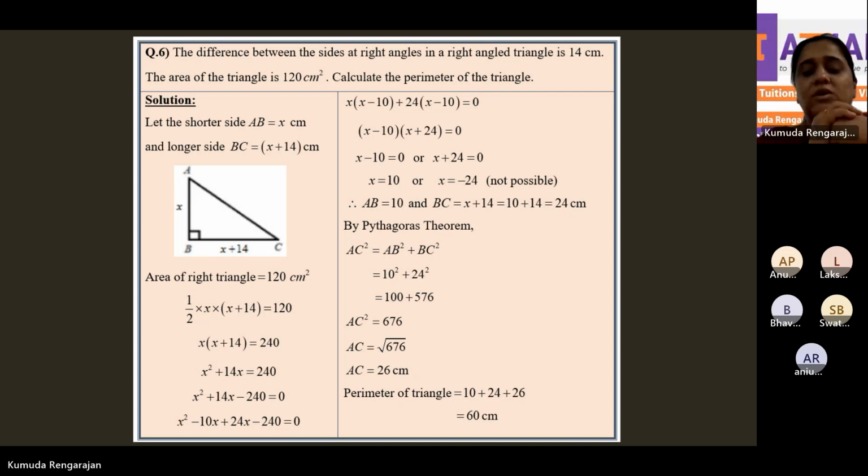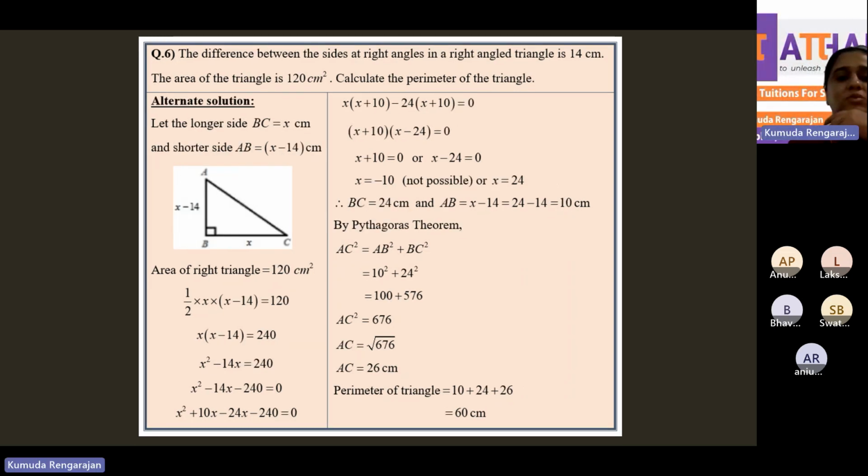Yes, ma'am. Okay. This is the alternate method for the same question.